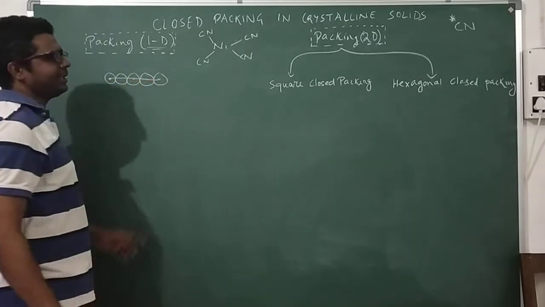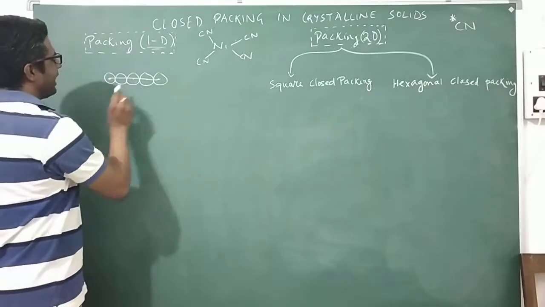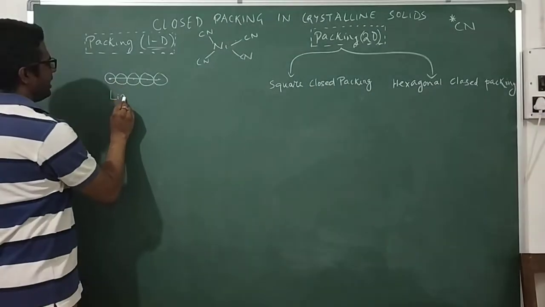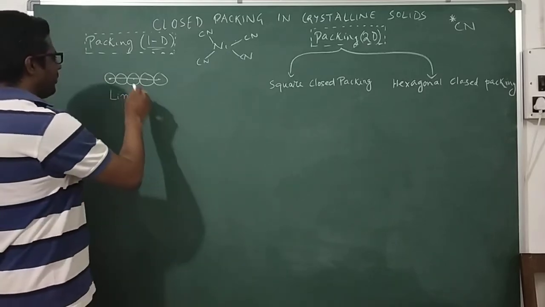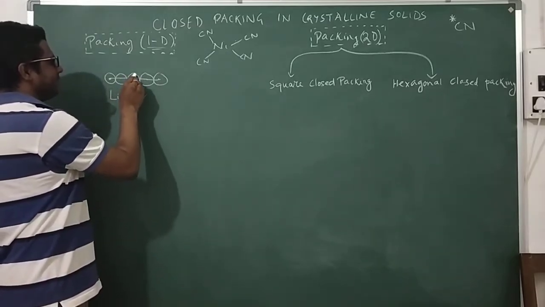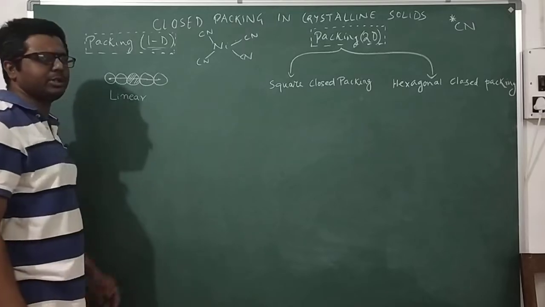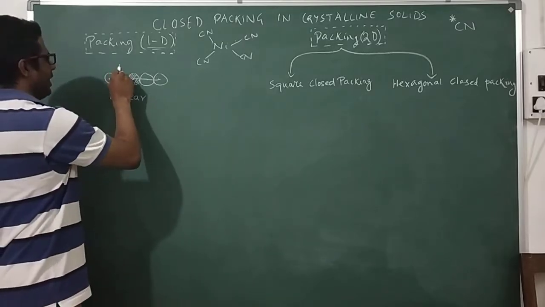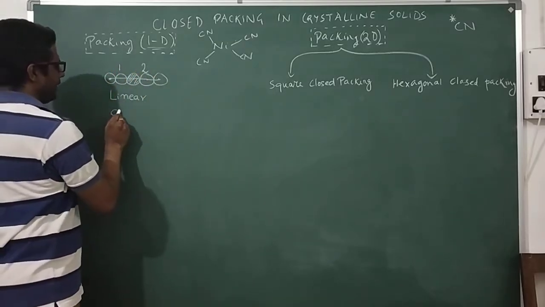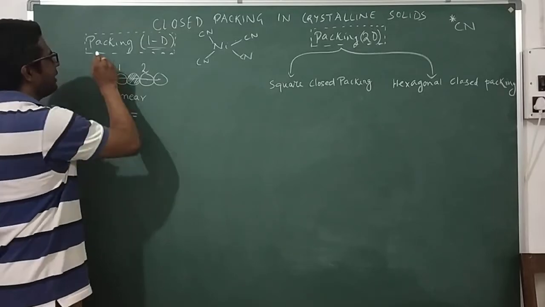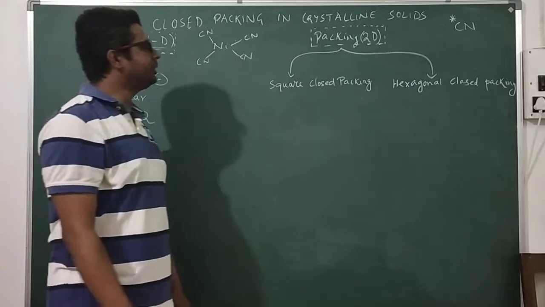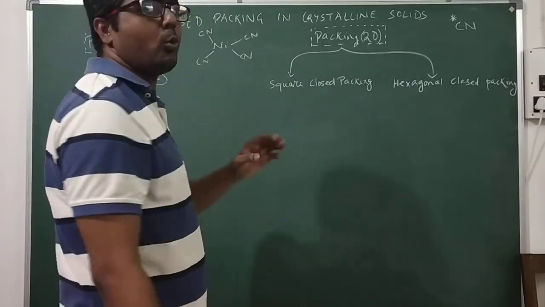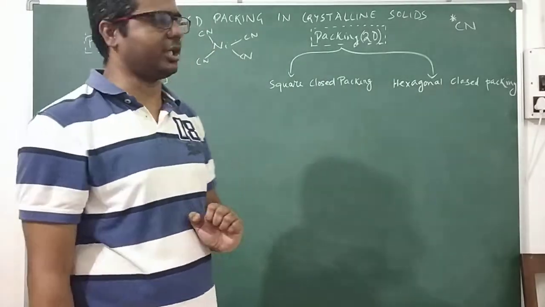What kind of geometrical figure does it form? Straight line. So this kind of packing is called linear. Now let us take one atom as the reference atom. Let us take this one. So this atom is in contact with how many atoms? 1, 2. So the coordination number for this kind of linear packing is 2. This is the only possible one-dimensional packing we are going to talk about.